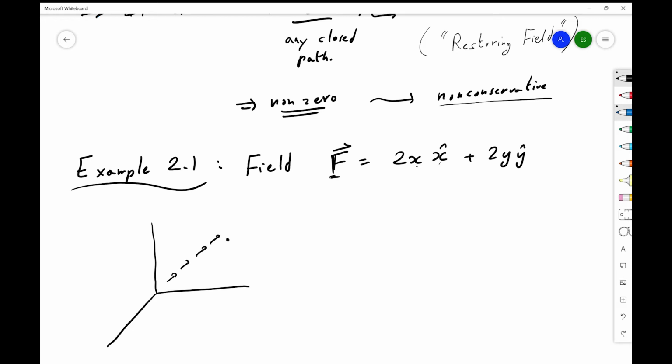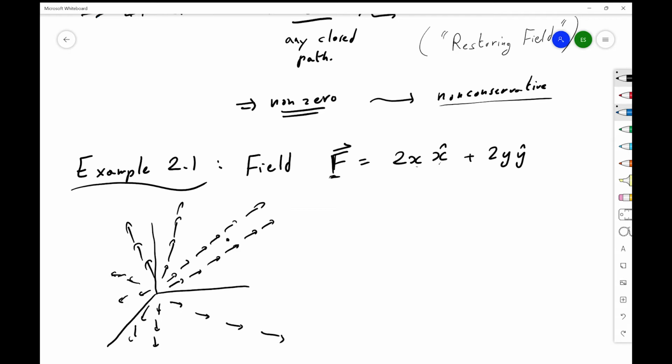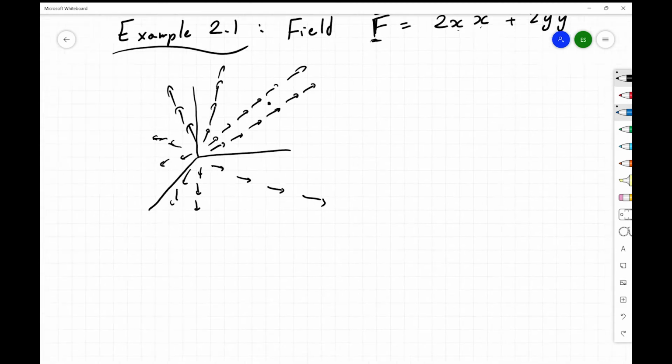So at every point, as x and y increase, the field increases, right? I'm not going to draw the whole thing, but you get it. It's a radial field. So as we go away from the origin, the field increases. Okay. Right.